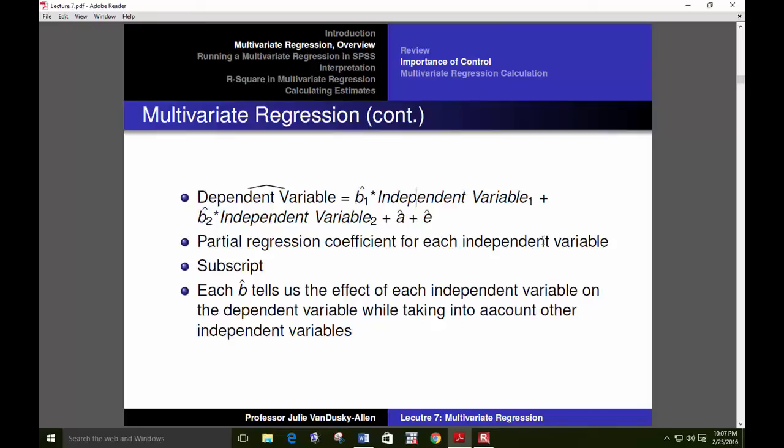And note that the subscripts tell us which b hat belongs to which independent variable. So b hat 1 belongs to independent variable 1, and b hat 2 belongs to independent variable 2. Each b hat tells us the effect of each independent variable on the dependent variable while taking into account the other independent variables.